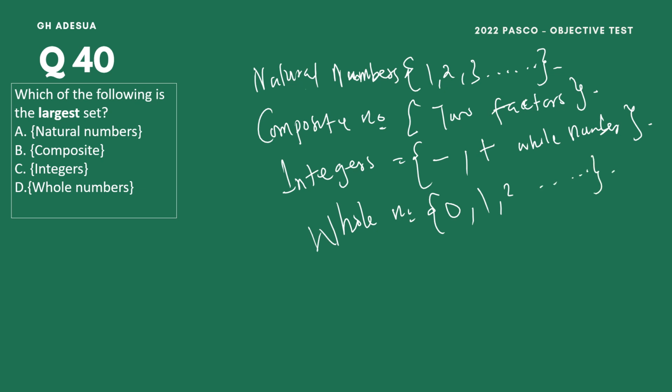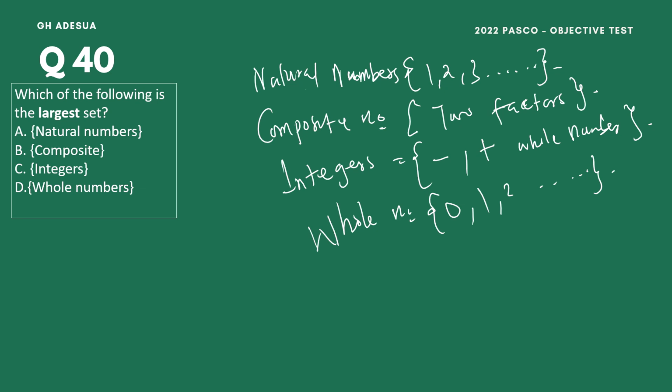So now when we compare all these sets of numbers, natural, composite, integers, and whole, you'd realize that integers would be the one that carries the largest set. Why? Because it comprises both the negative numbers and the positive, so it will have a larger set.